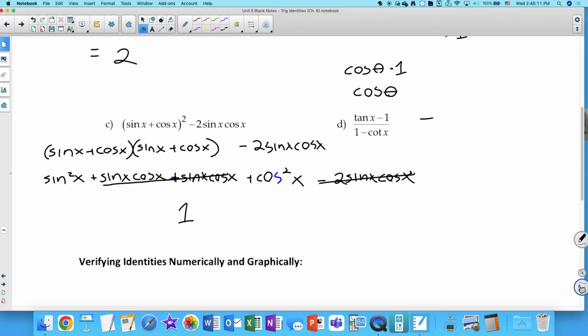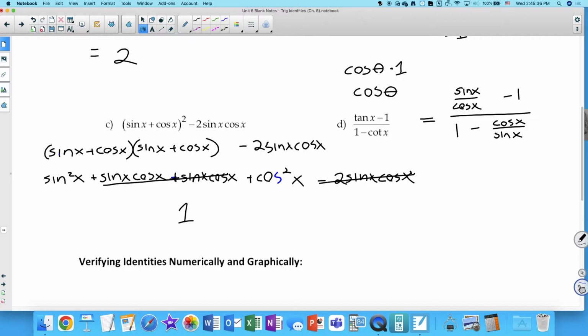So I'm going to make this, let's see, it'll be sine x over cosine x minus 1 over 1 minus cosine x over sine x. Okay, well that looks pretty messy. So what are we going to do next?